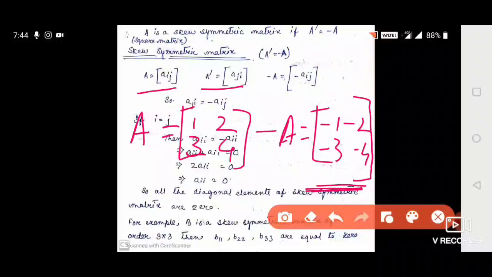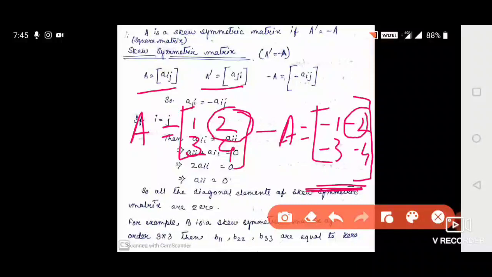So here also you see these two. In matrix A, 2 is the element of first row second column, and the element of first row second column in minus A is minus 2.